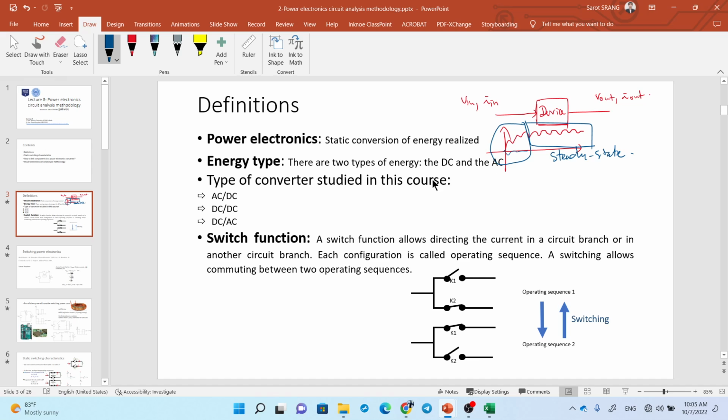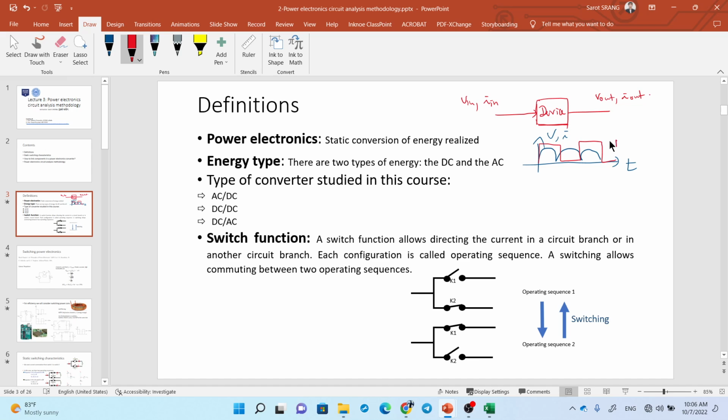Energy type. There are 2 types of energy: direct current and alternating current. Direct current means voltage and current are only in one direction. Let's say voltage or current here and time here. The waveform can be any waveform, can be a sine wave or a square wave, but only on one side, the positive side.